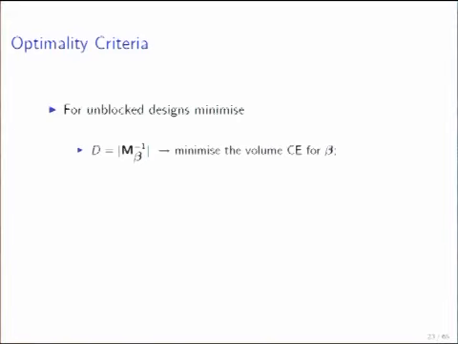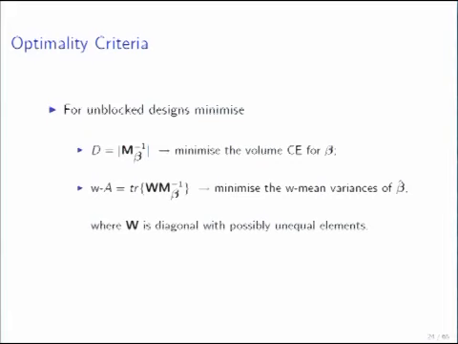That is the D criterion. We have also the weighted A criterion that is more sensible for this type of models instead of pure A criterion that minimizes the weighted mean variances of beta hat. So W here is a diagonal matrix, possibly with unequal weights.